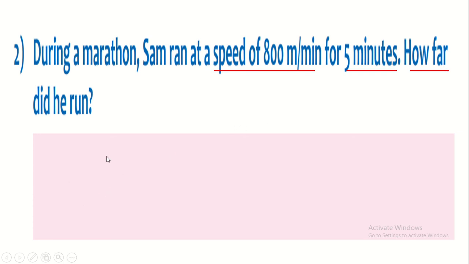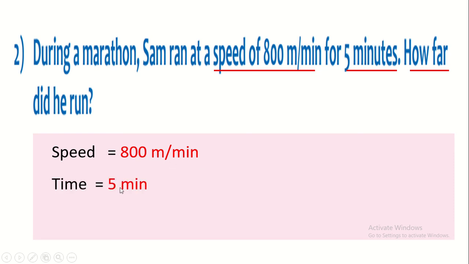Now you can write here, speed 800 meters per minute. Then you have time 5 minutes. And then distance. What is the distance? We're looking for the distance. That is a question mark. The formula for distance is equal to speed times time. You multiply the speed and the time.